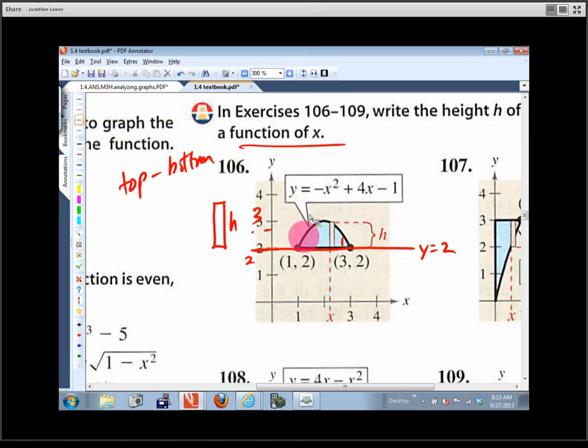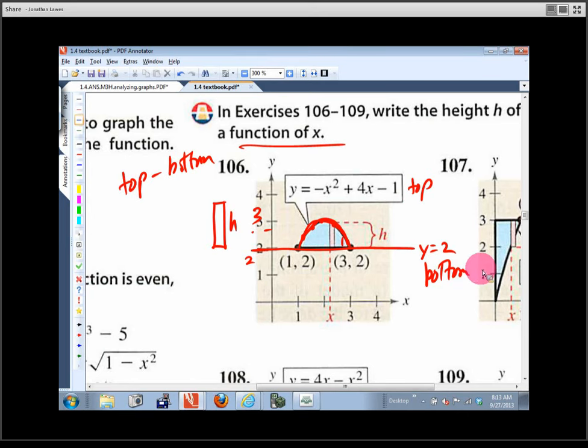How do I figure out whether I'm here or here or here, and how tall that point is? Noah? Plug in the y equation, okay? Doesn't that y represent this little parabola right here? So the function that represents the top is this right here. That's the top, and this is the bottom.